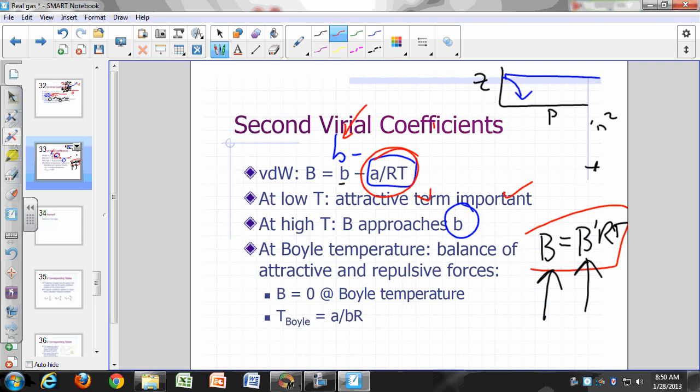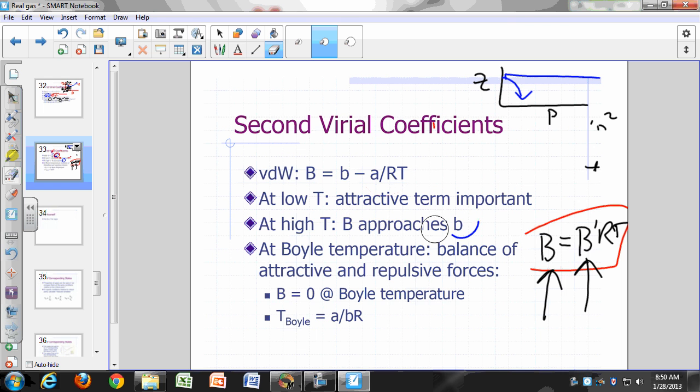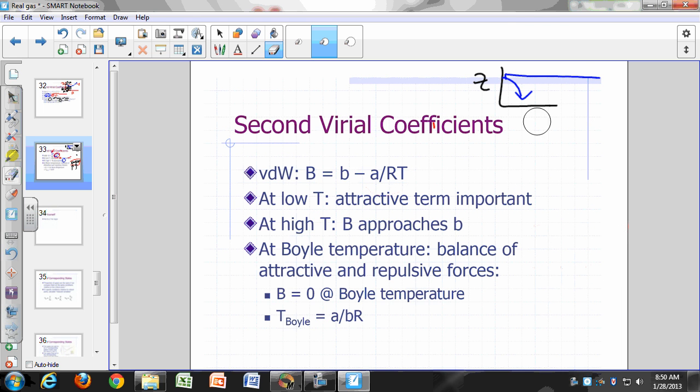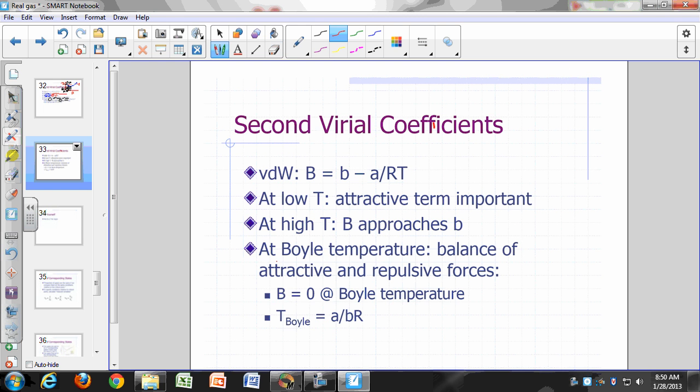Now, there's a temperature where you get a balance of forces between attractive and repulsive forces, and that is known as the Boyle temperature. So the Boyle temperature is when this second virial coefficient is equal to 0. So if we set this thing equal to 0, how do we solve for the Boyle temperature?